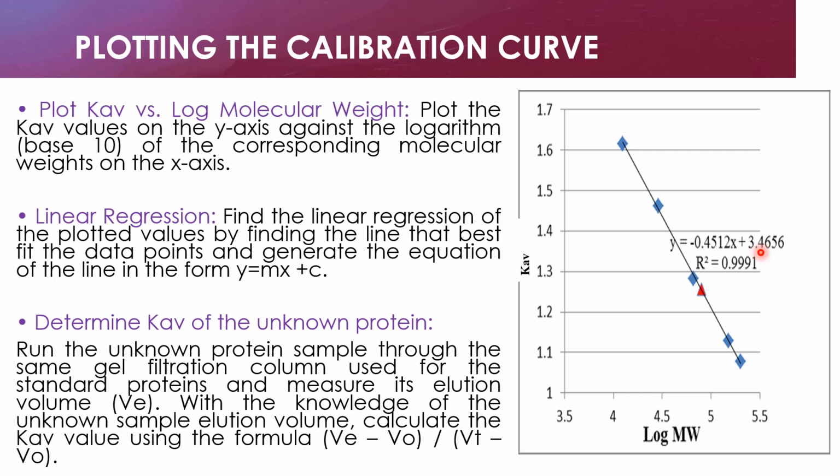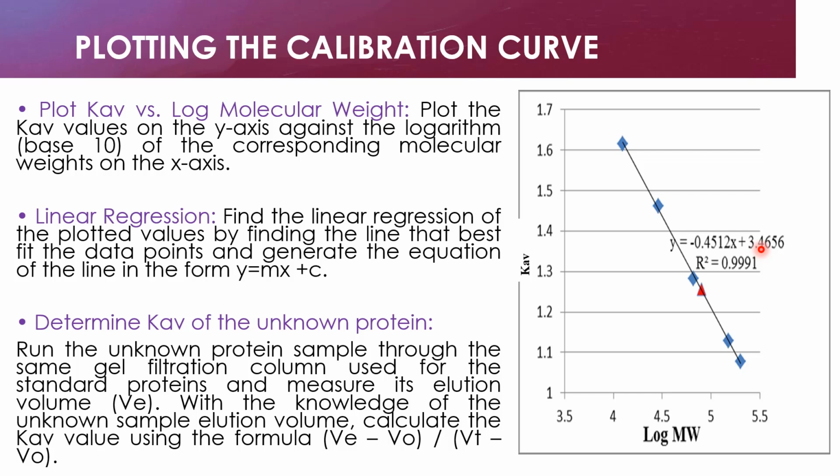Once we are done plotting the calibration curve, we determine the distribution or the partition coefficient of our unknown protein by running this unknown protein through the same gel filtration column used for the standard proteins and measuring its elution volume.